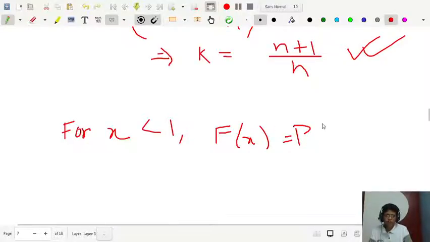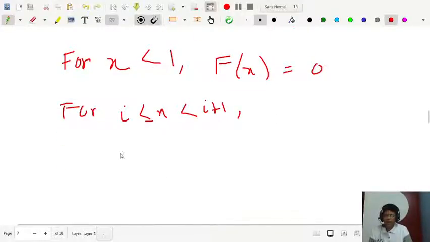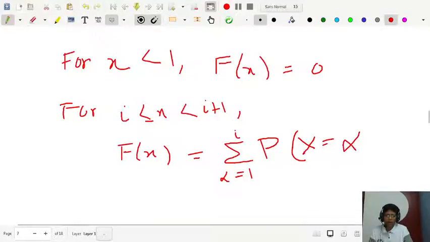that definition of distribution function, that is the summation from minus infinity to 0, which will give you 0, because for x less than 1 there are no spectrum points. And for i less than or equal to x less than i plus 1, with i equal to 1 to n minus 1, F(x) is given by the summation over alpha equal to 1 to i of the probability of x equal to alpha, from the definition of the distribution function.